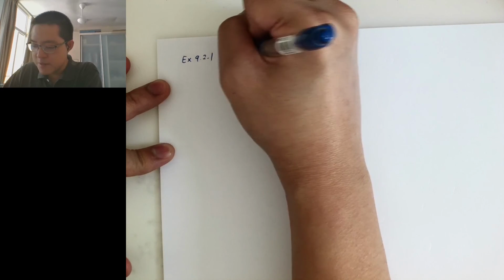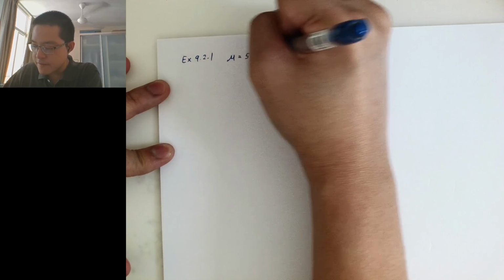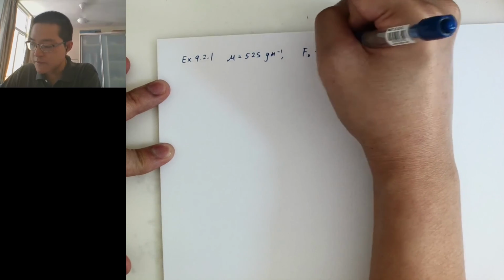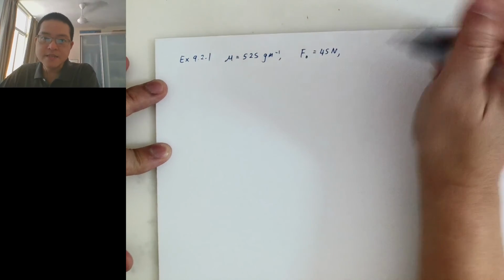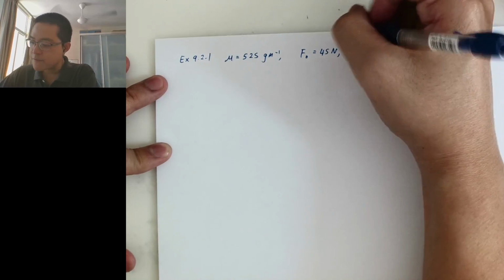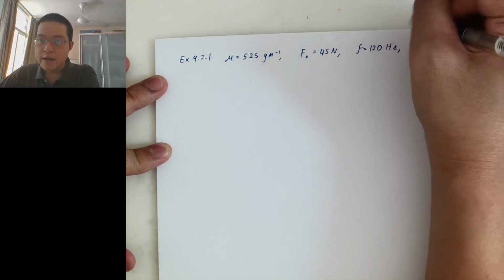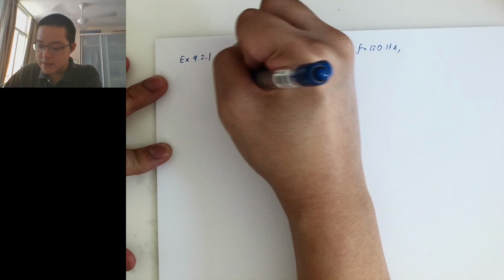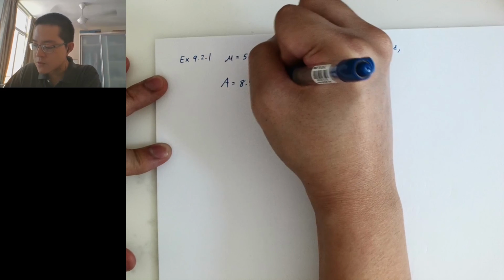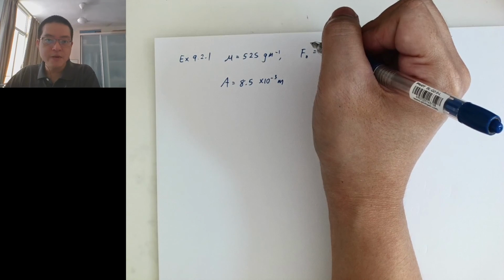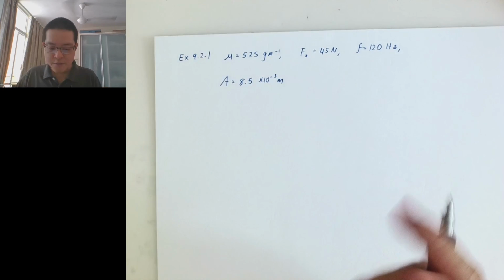We have mu equal to 525 grams per meter. The tension on the string is 45 newtons. A signal is sent through as a sinusoidal wave with frequency f of 120 hertz, and the amplitude is 8.5 millimeters, so 8.5 times 10 to the minus 3 meters. At what average rate does it transport the energy?